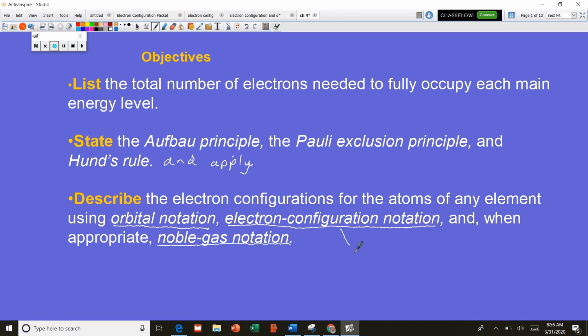Under these, there's going to be two types: regular order and expected order. We are primarily going to focus on the regular order notations.